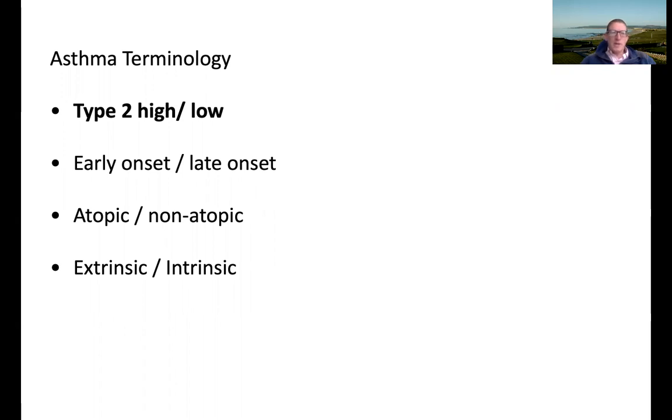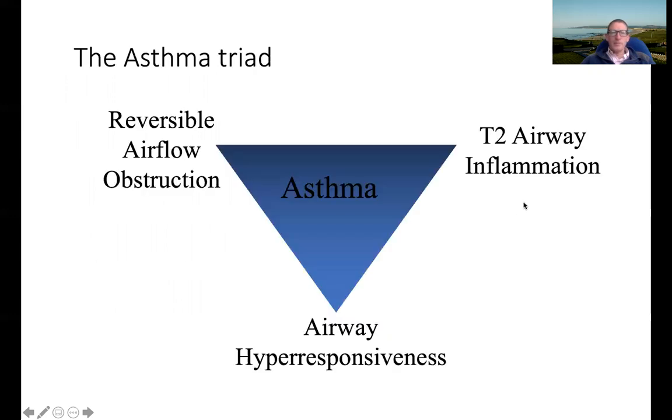So you could have a patient, for example, with late onset, non-atopic, intrinsic type 2 low asthma, or conversely, you could have a child with extrinsic atopic early onset type 2 high asthma. But don't get too fixed up with that.